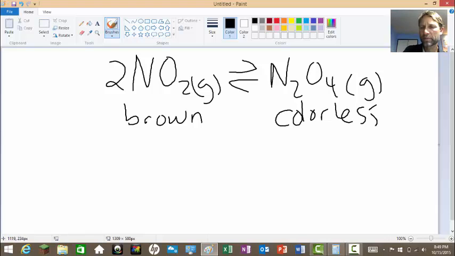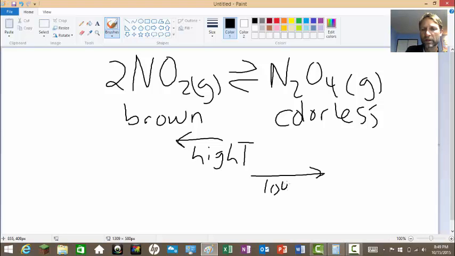And recall how the position of the equilibrium is dependent on the temperature. We can shift the equilibrium position more to the left under high temperature, or we can shift it more to the right under conditions of low temperature.